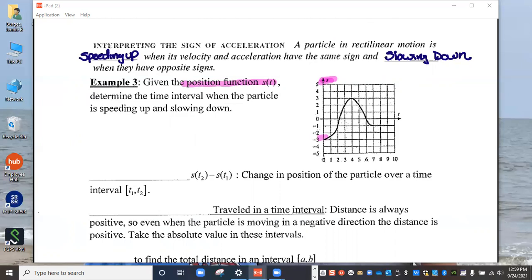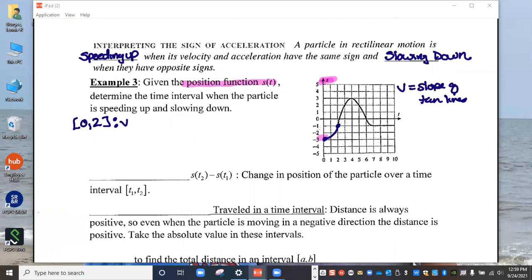So take a look at this particular graph, and let's start with t equal to 0 to 2. Tell me about velocity, which again, I'm looking at the slope of my tangent lines. Remember, my velocity is going to be the slope of tangent lines. What's happening with the slope of all these tangent lines? Are they positive or negative?